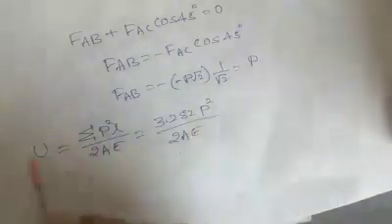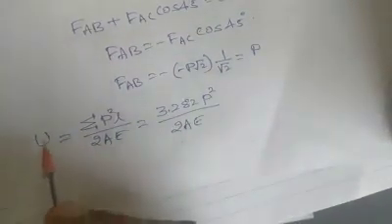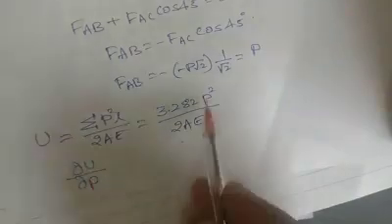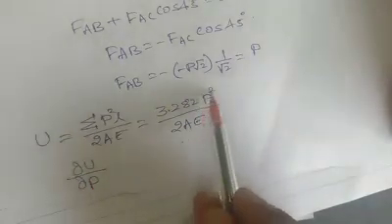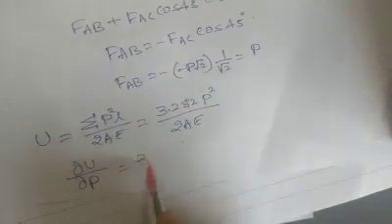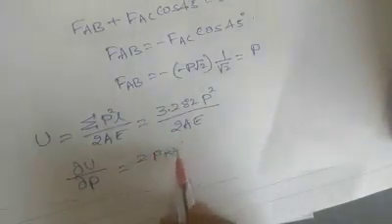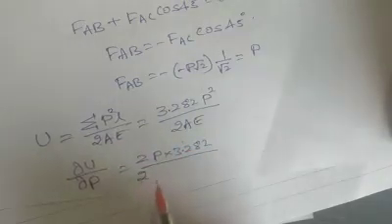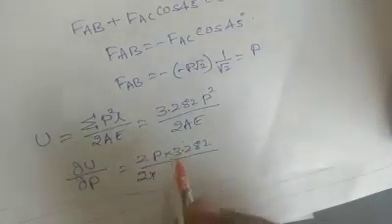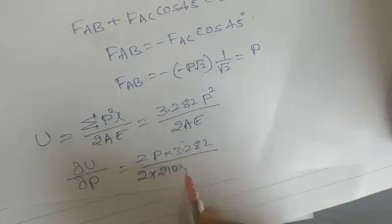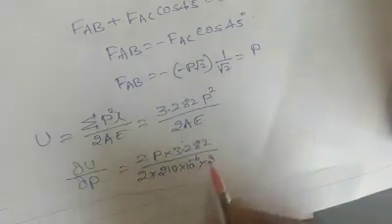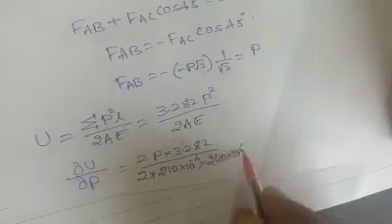Now for displacement we have to do dou U by dou P. So dou P square will become 2P, and 2 and P into 3.828, again by 2, your area is 210 into 10 to the power of minus 6, and E value is 240 into 10 to the power of 6.